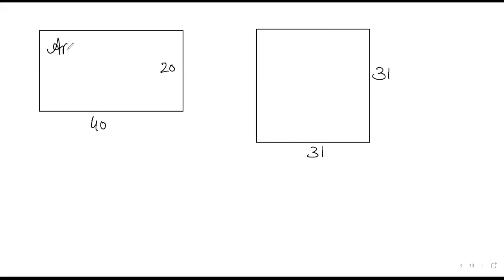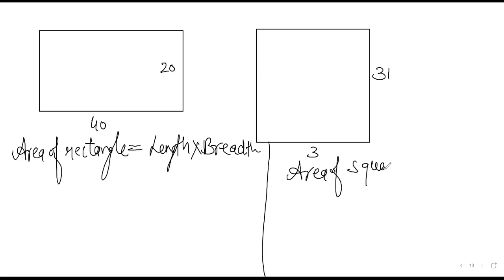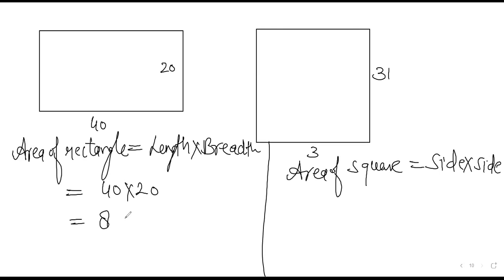So let us find the area of the rectangle, that is length into breadth, and area of square, that is side into side. So 40 into 20 is 800 centimeters square.